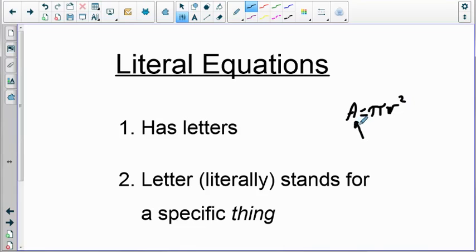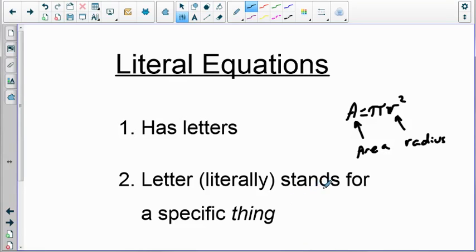A is a letter standing for area, and R is a letter standing for radius. So they actually stand in for a specific thing. That's sometimes what they mean by literal equations.